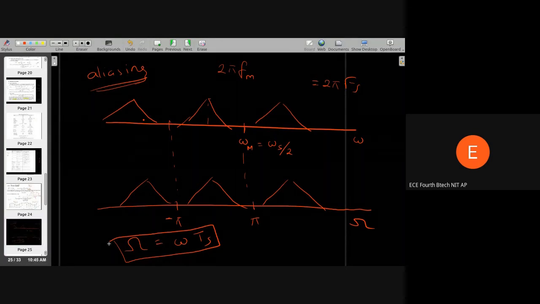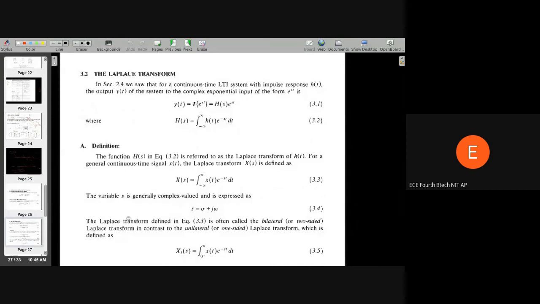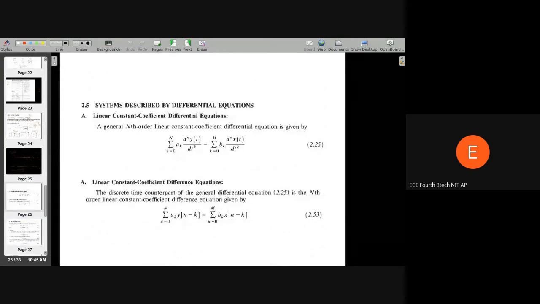This is the basic relation when you do sampling, converting a continuous time signal into a discrete time signal. So let's see now what's next. I will take two or three more minutes and then we'll take a break.